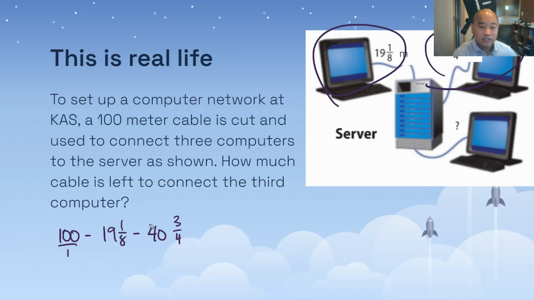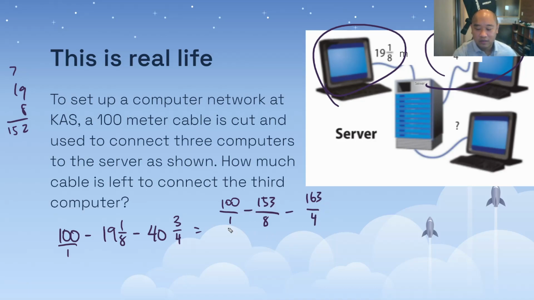So let's turn these all into fractions first. So 8 times 19, I should know this, 72, 152, 153 over 8, because we have to add this 1 here. And then we have 160, 163 over 4.